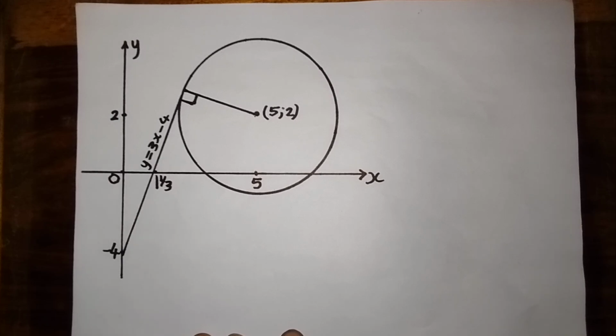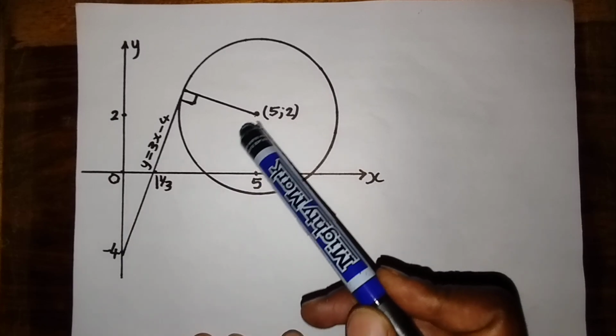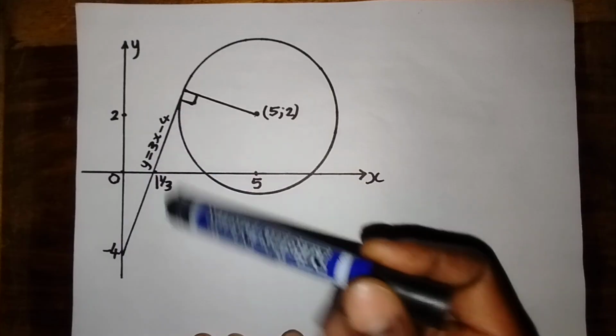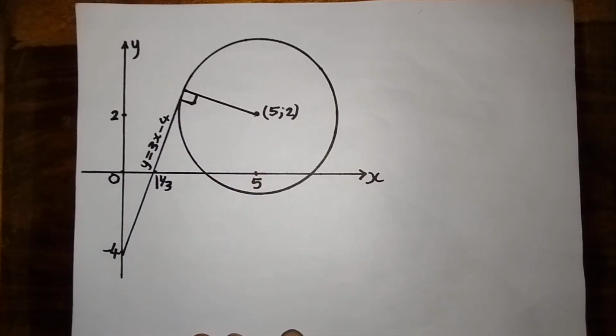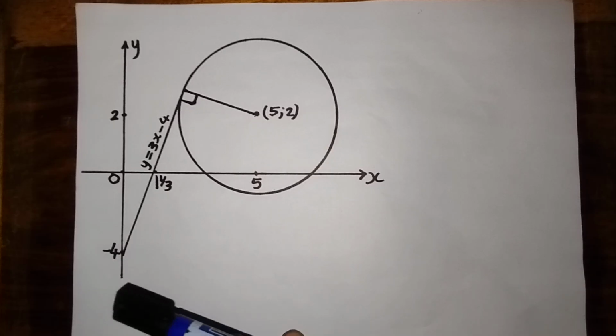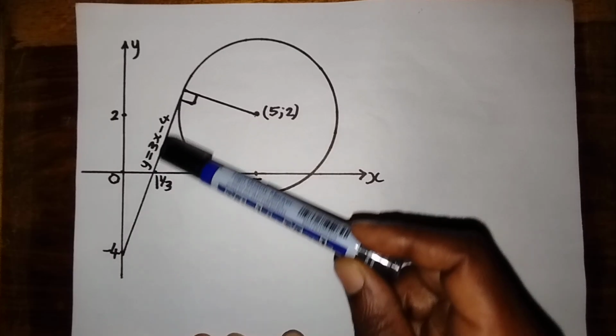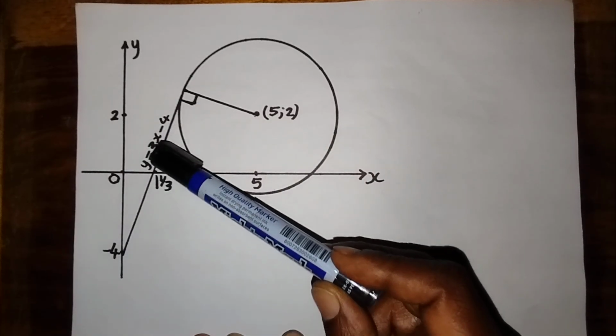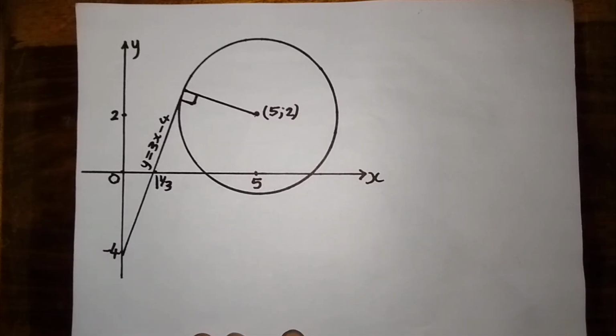Now we want to find the gradient of this radius here. But for us to find the gradient of the radius, we must first of all find the gradient of this tangent, whose equation is y equals 3x minus 4. So we are going to use the property which states that the product of the gradients of perpendicular lines equals -1.